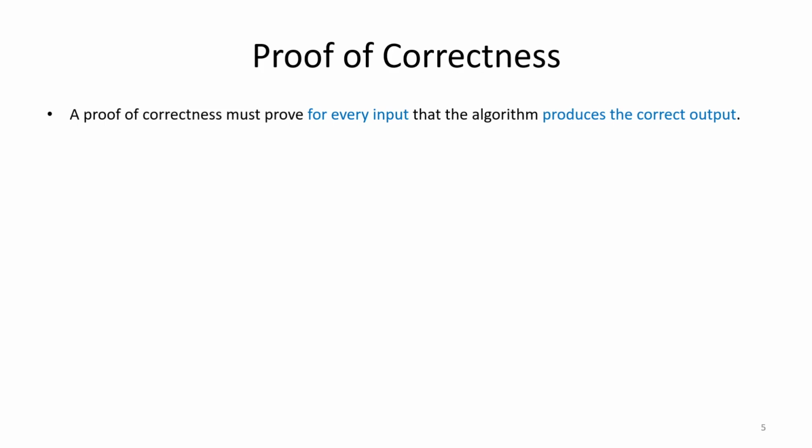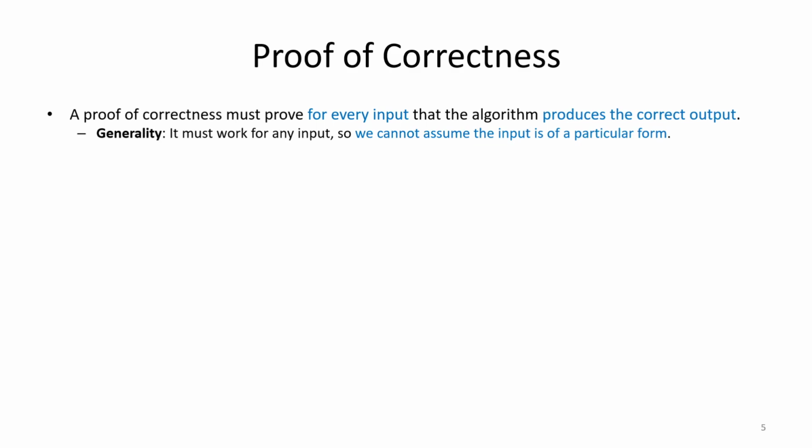Now, one thing that we can highlight here is that our problem statement tells us exactly what the proper output is for each input. So whenever we're doing a proof of correctness, we are relying on that problem statement very heavily to inform us of what correctness looks like for this problem.